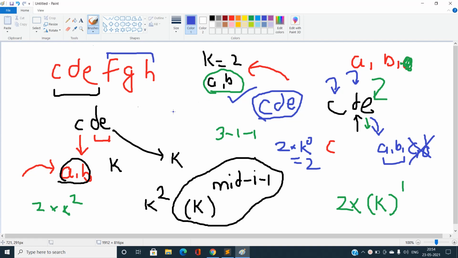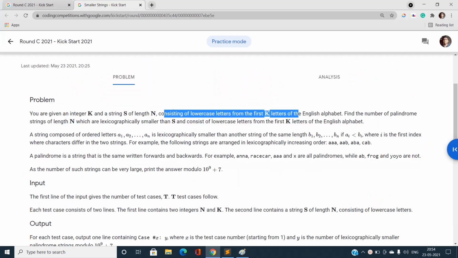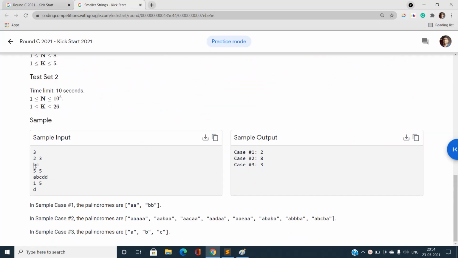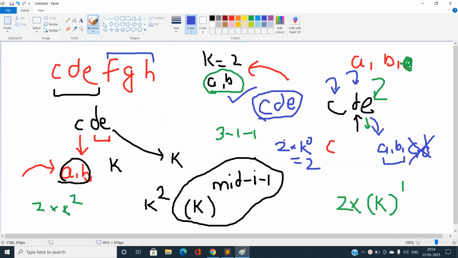Okay, so don't get confused. This example is good, but you must take care that the original string should also consist of characters among the first k letters. Okay, so let me pick up one example from here, that is B and C, and I will explain how my answer should be incremented by 1 by considering only a small corner case, and how this is going to help us.